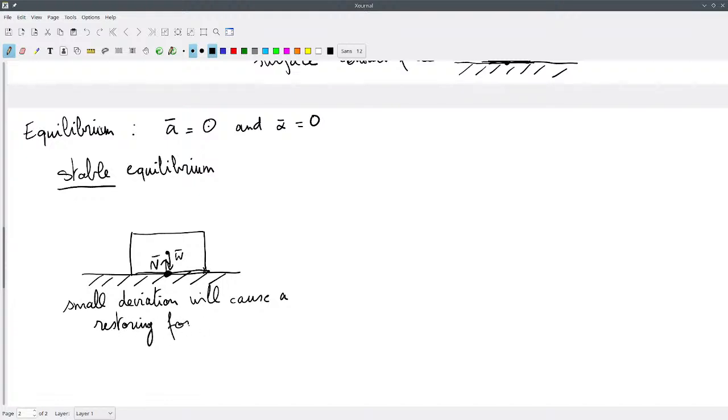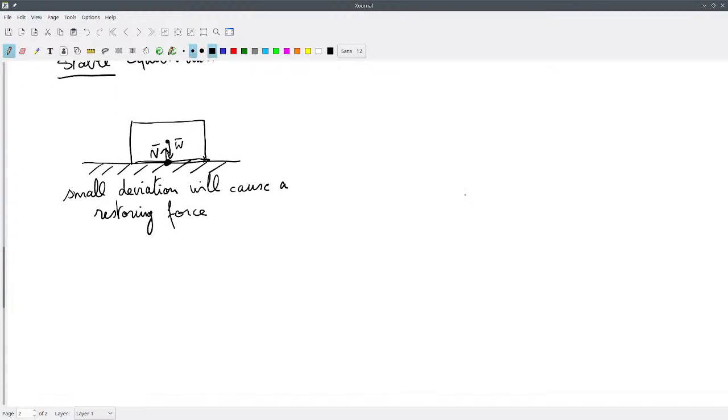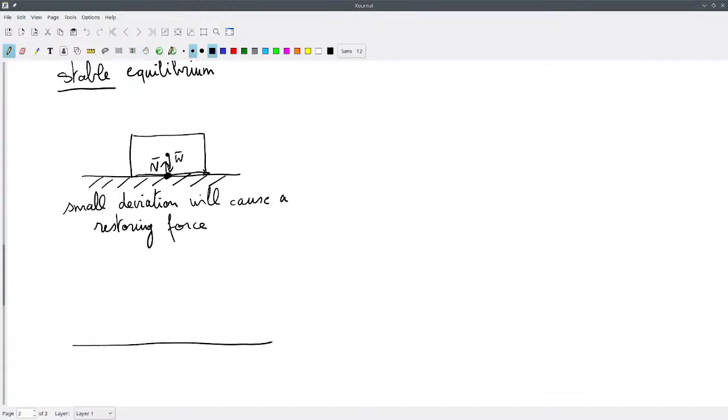So what do I mean when I talk about a small deviation? Well, that's if, for example, I tilt this box just a little bit like this. So now what happens? I'm in this point contact force situation now. The normal force is like this here. The weight is still applying at the center of mass, because that's still a distributed force.